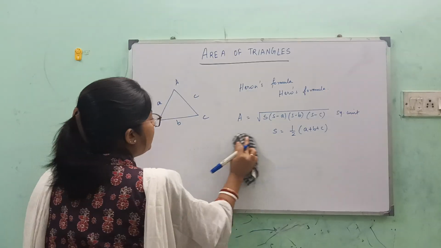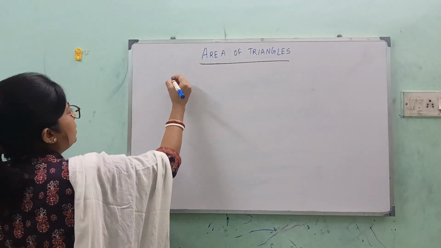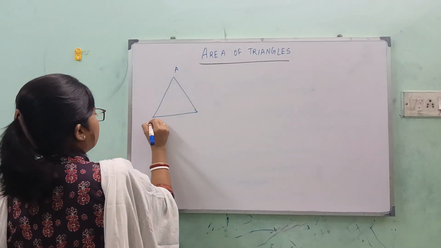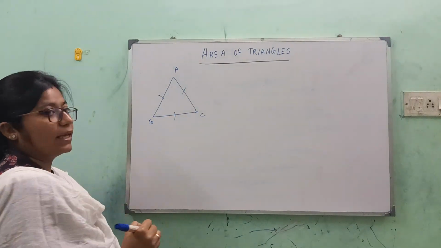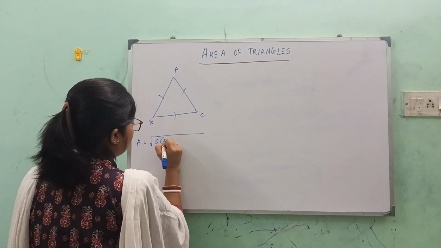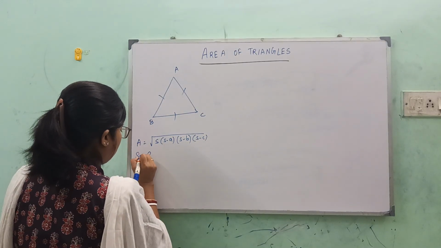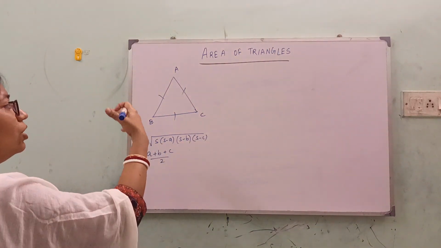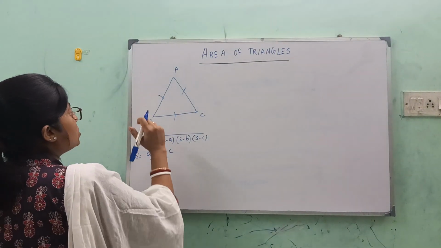So, keeping this area formula in mind, if I keep particularizing the triangles, say if I make it an equilateral triangle, that is all three sides are the same. We will be using this formula to obtain the formulas for the particular triangles. Say first is your equilateral triangle.